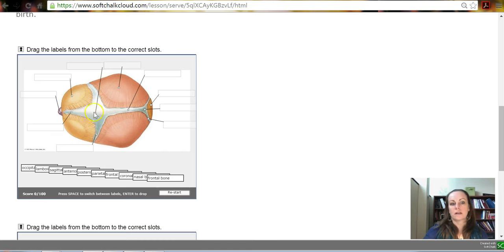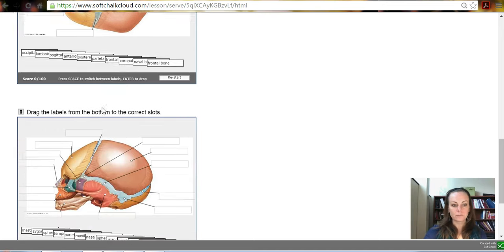And so the fontanelles are those areas in between the skull bones that are still that softer, fibrous connective tissue. Okay, so fontanelles are only found between the bones of the skull. And generally, they're going to become fully made into bone at about 1.5 to 2 years of age. So this one particularly is called the baby's soft spot on its head.